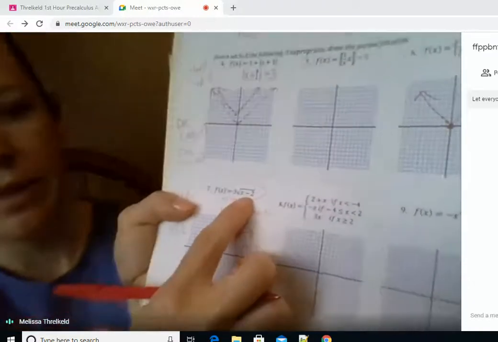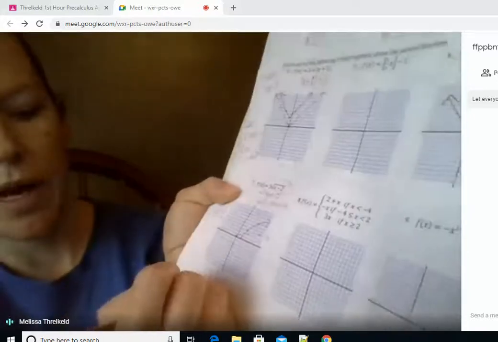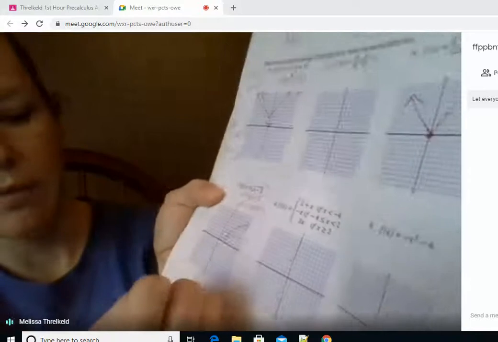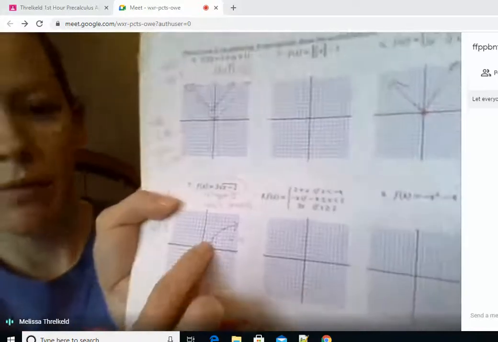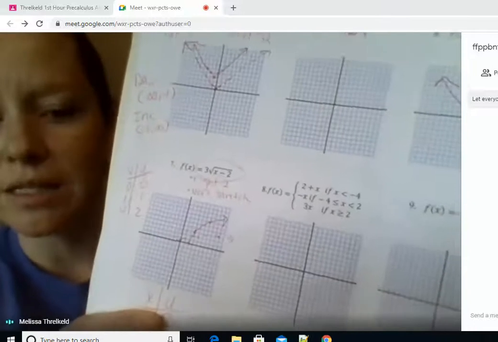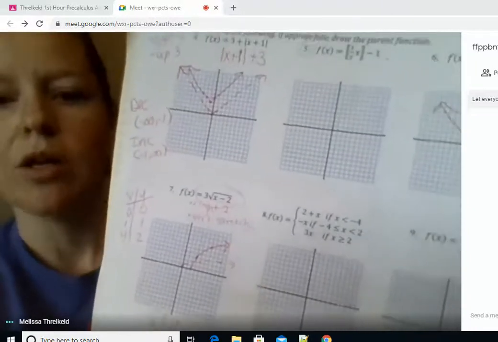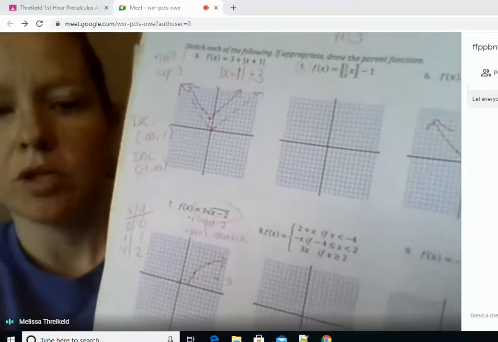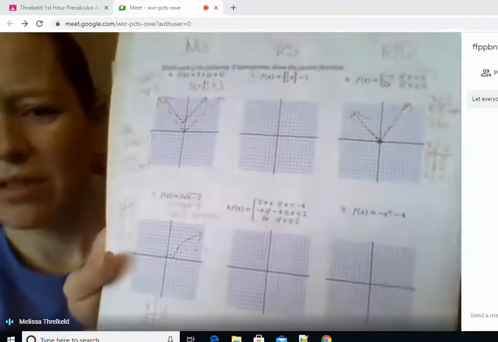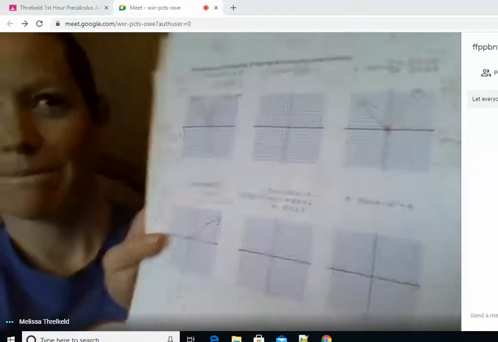Square root of 0 is 0. Times 3 is 0. If I put in a 3, then I get square root of 1, which is 1, times 3 is 3. I'm getting those same points we graphed for transformations. So if you guys get stuck, use your resources. Graph it on the calculator, make a T-chart, do something to check your answer. Any questions on that one? Anybody? No. They say no.